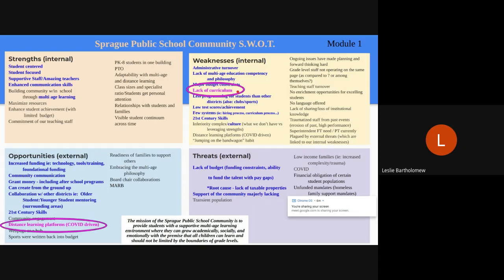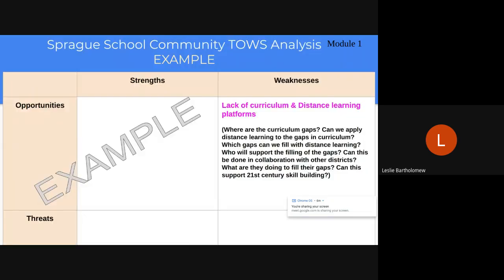So in the opportunities area, I felt the distance learning platform, even though it was COVID driven, may be an area of opportunity to explore. Let me take you through what my mind was thinking when I started pairing these things.